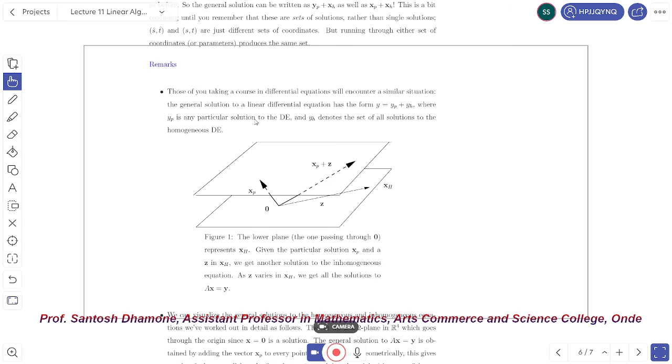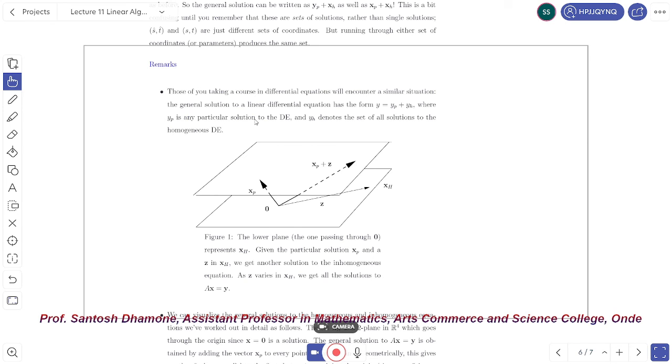The general solution to Ax is equal to y is obtained by adding the vector xp to every point in this two-plane. We add xp to the homogeneous solutions, and then we get the solutions of the non-homogeneous system of linear equations.